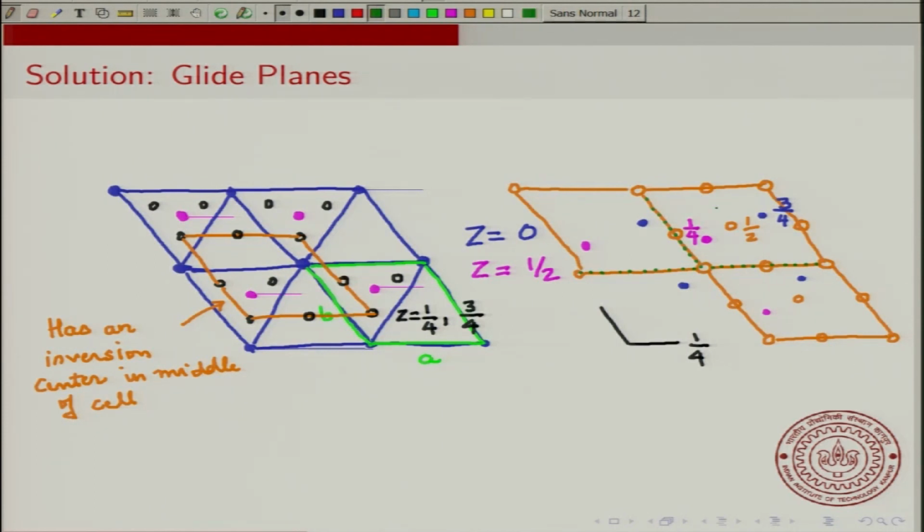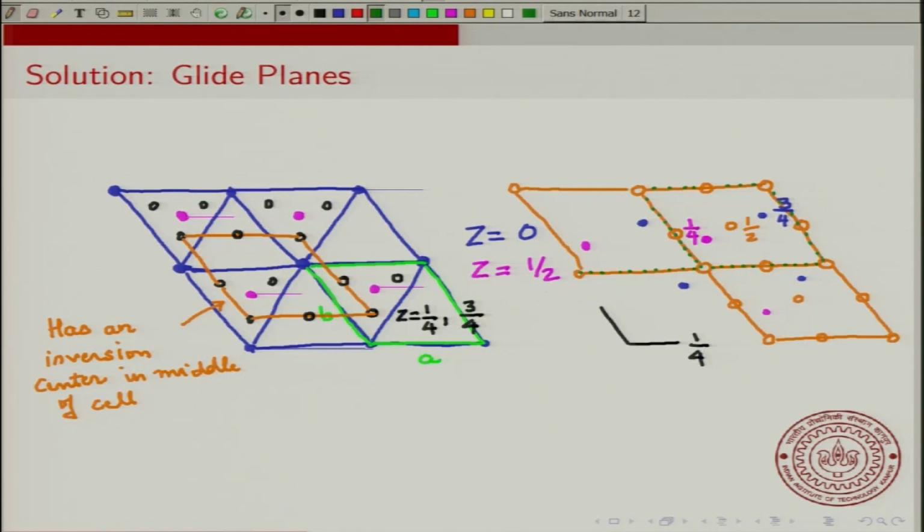These are some of the glide planes. Now, again just by symmetry of this unit, you will have glide planes also here. There are several other glide planes in this HCP lattice. I will show some of these.